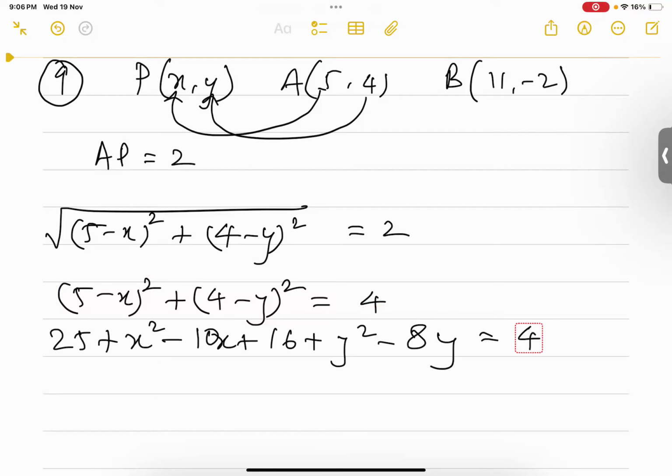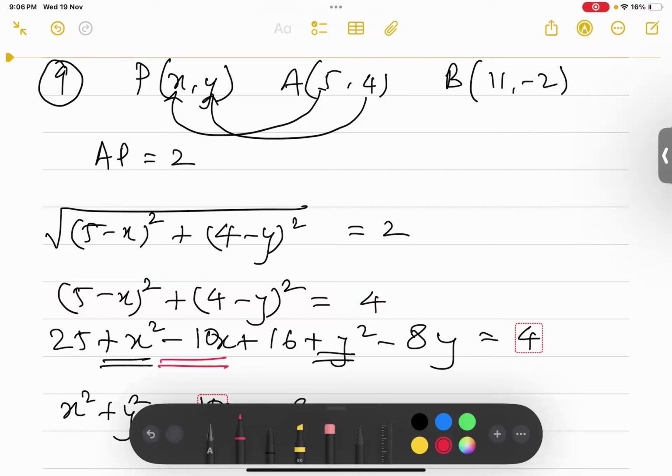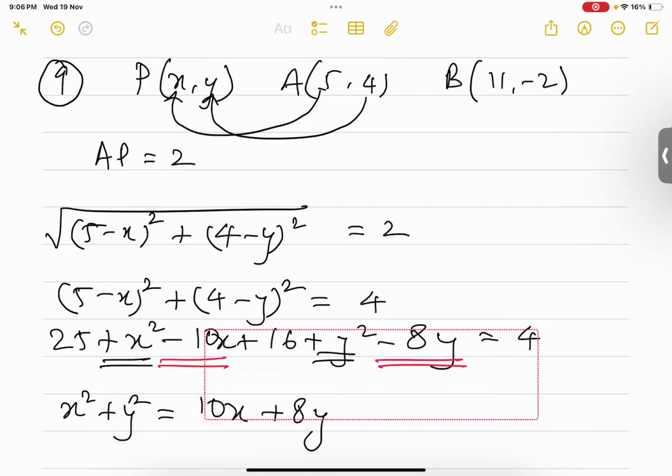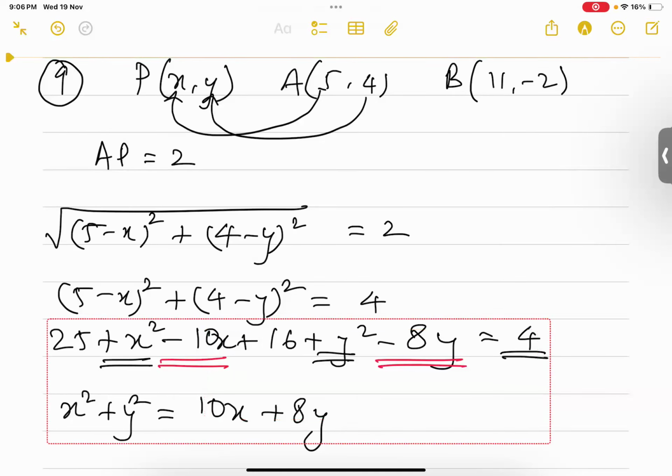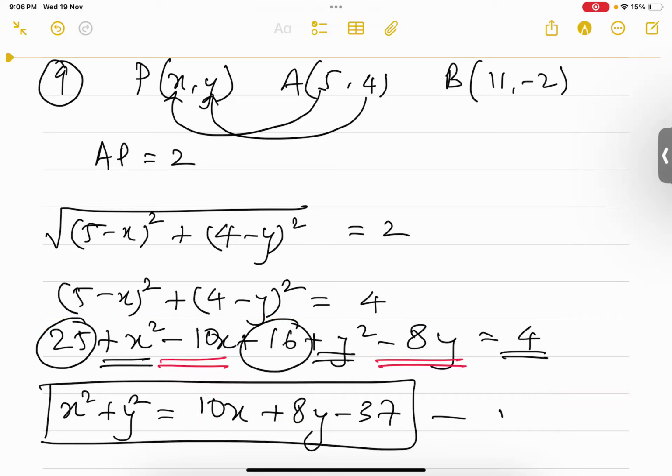I'll keep the x square plus y square terms on one side and shift all the other terms to the right hand side, so 10x plus 8y. So 25 plus 16 is 41, and 4 minus 41 is minus 37. This is equation number 1.